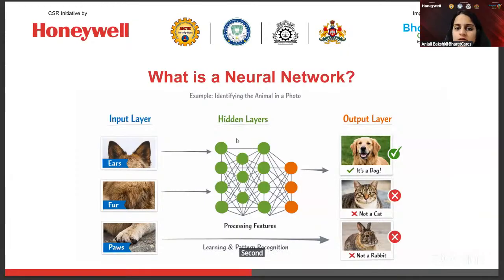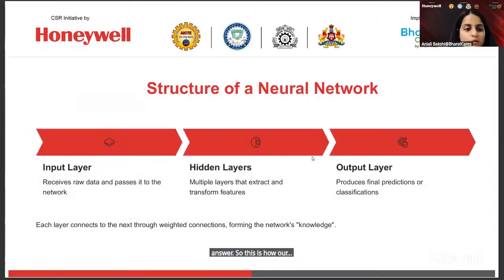Second is the hidden layer, where the most magic occurs, where the machine detects the edges, fur, color, bark, or the nose length or nose shape, structure, and detects the curves and the patterns. That is done in the hidden layer. And finally, we have the output layer, which gives us the final classification or the final answer. So this is how our neural network works.